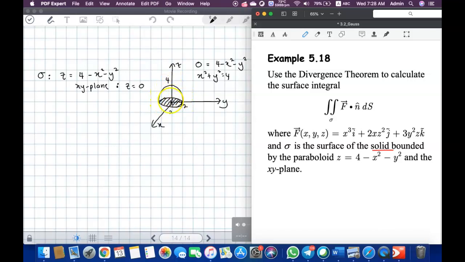Okay, but in this case, we don't need to use a long calculation, right? Because the divergence theorem or Gauss theorem can help us. Sometimes in the question they don't mention that you have to use Gauss, meaning that if they don't mention, then you have an option. You have 2 options.